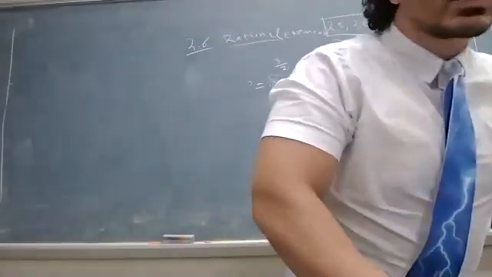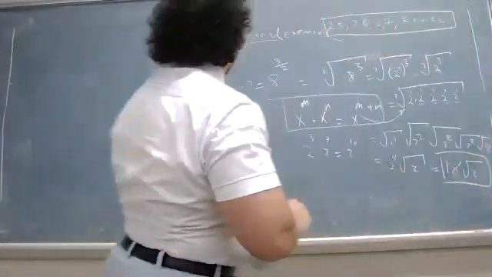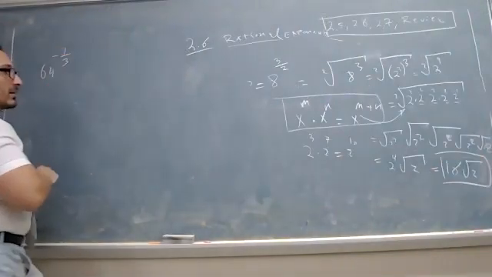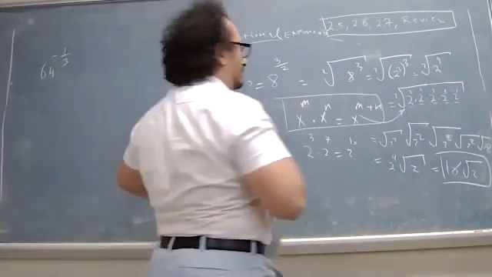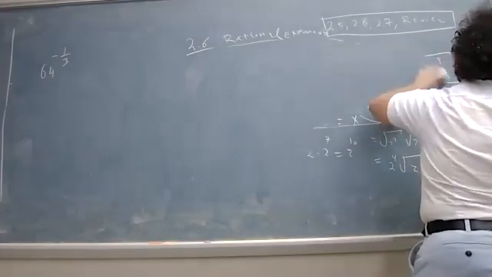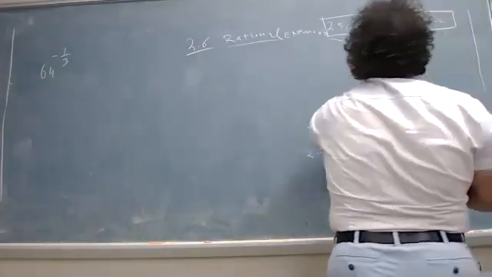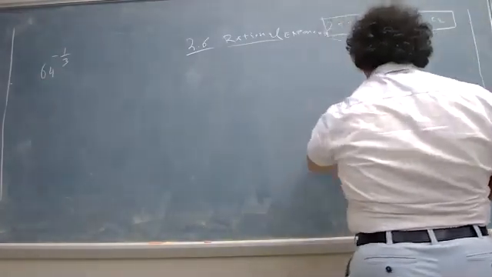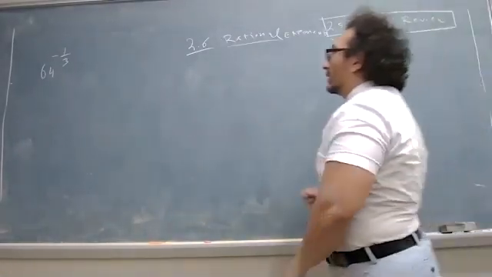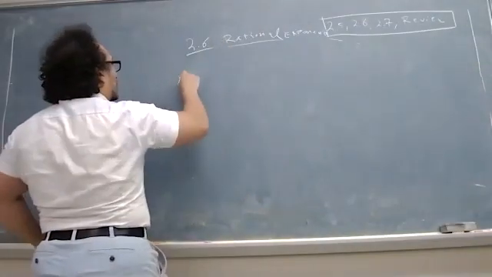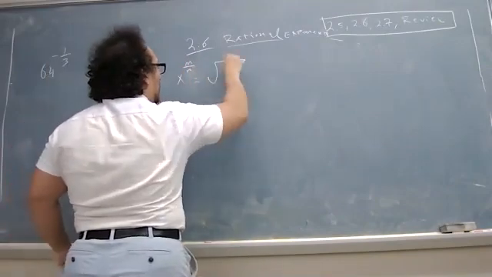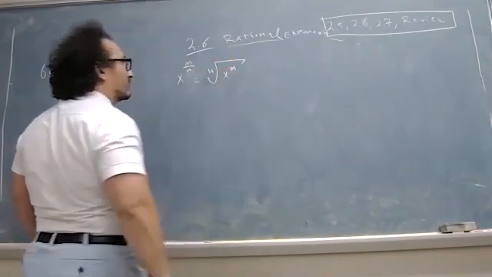So what about 64 raised to the negative 1/3 power? What does that mean? Well, recall, again, x to the m over n power is the nth root of x to the m.